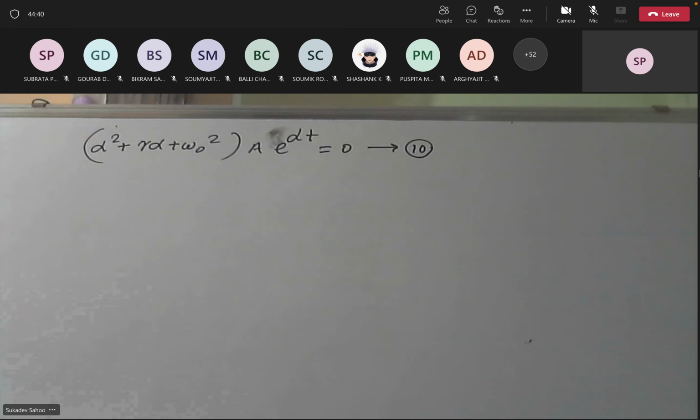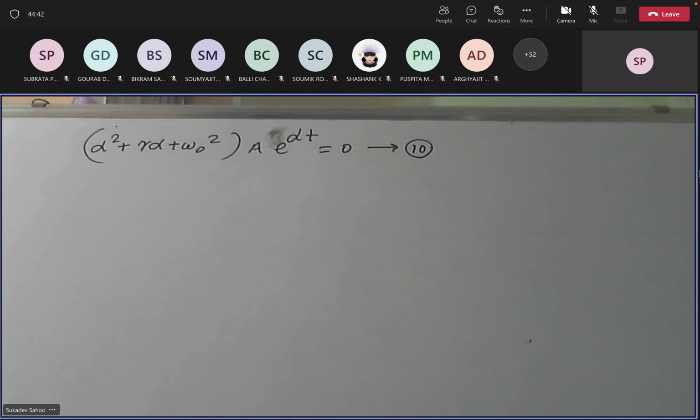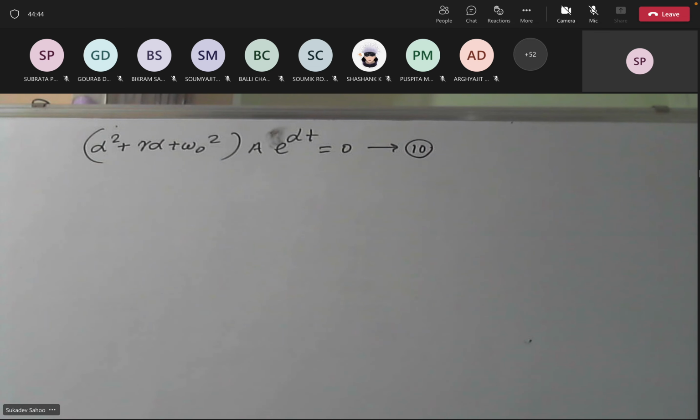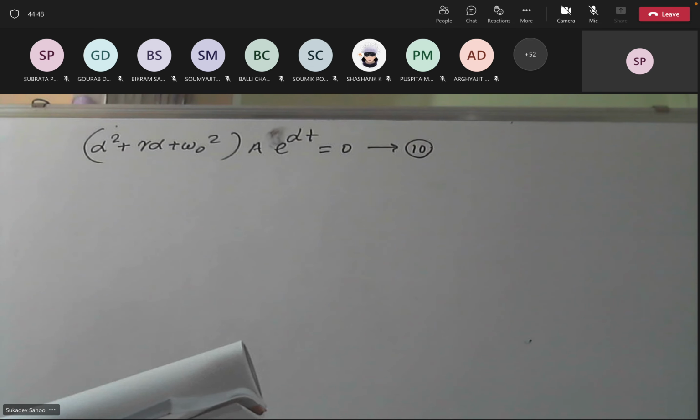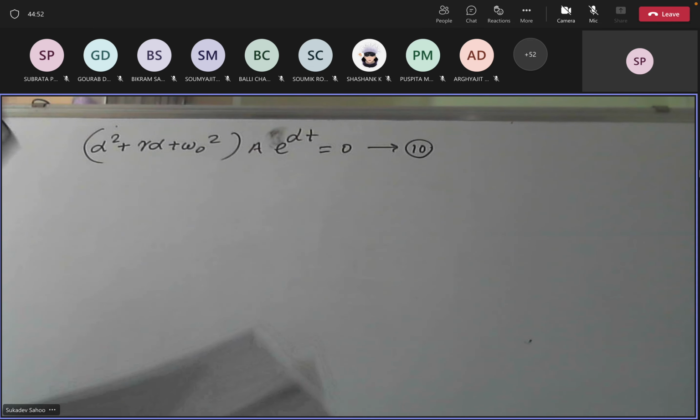Very clear? Then we see equation number 10 is valid for all values of t.